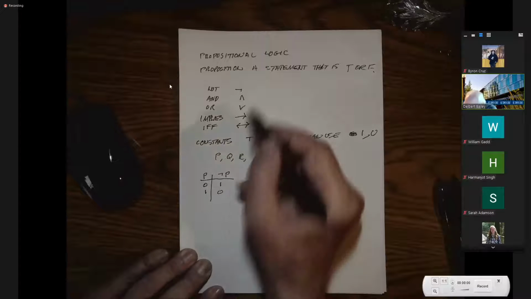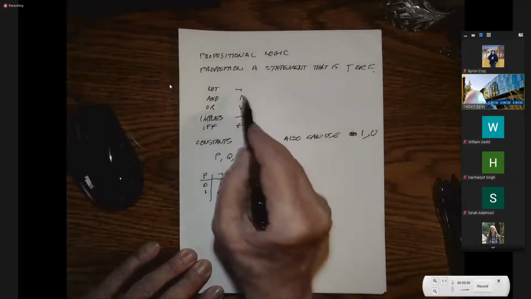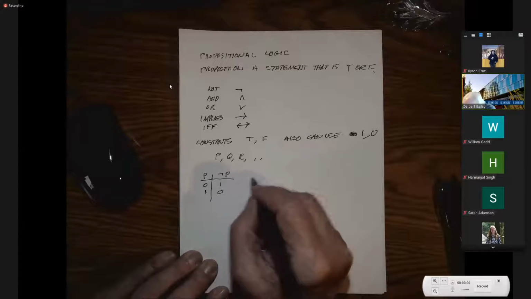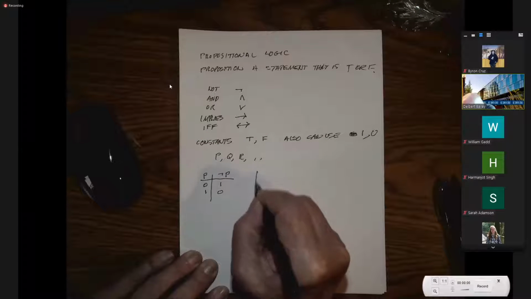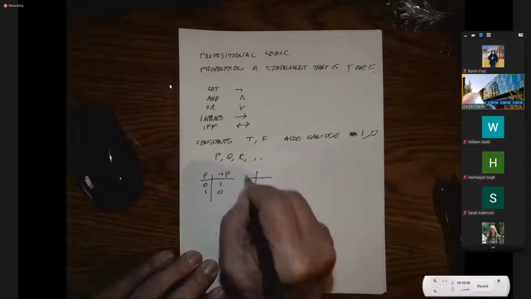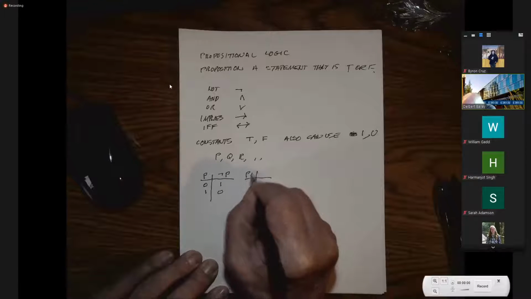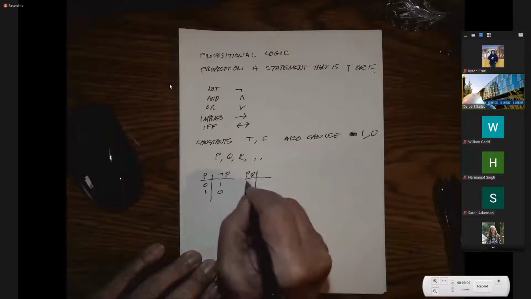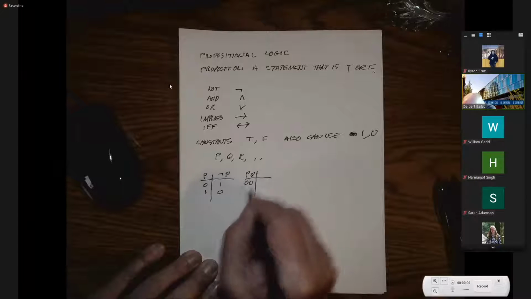Okay, for the other ones, we have two propositions involved. So our possibilities are like this.